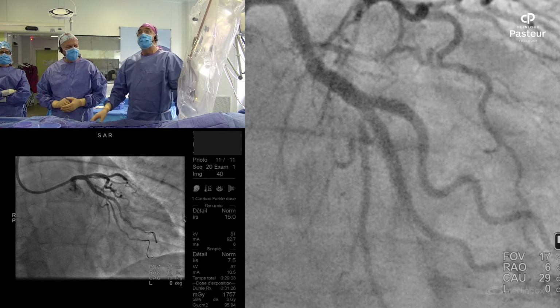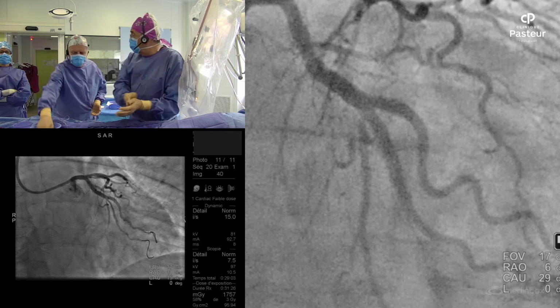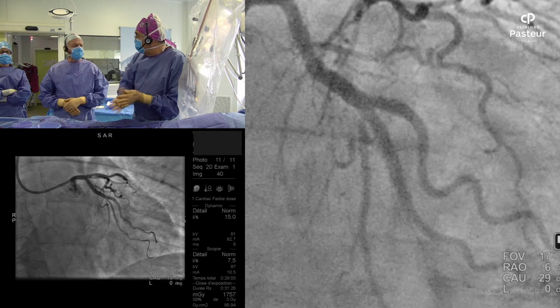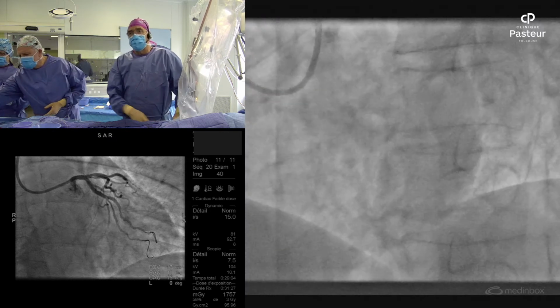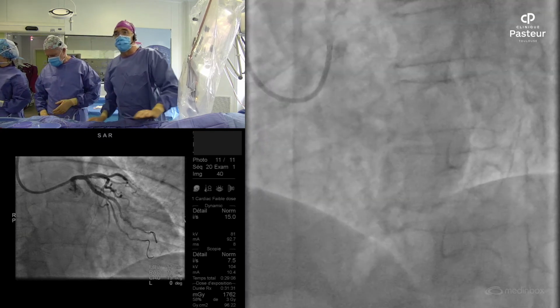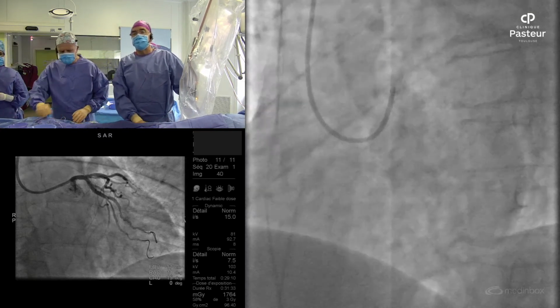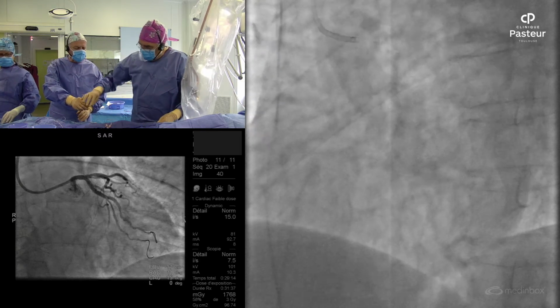I don't know, Bruno, if you want to see the right coronary artery. We can do a shot on the right. Just a shot, and we will see. If we have to do the right, it could take a short time. The right coronary artery was optional, I would say.